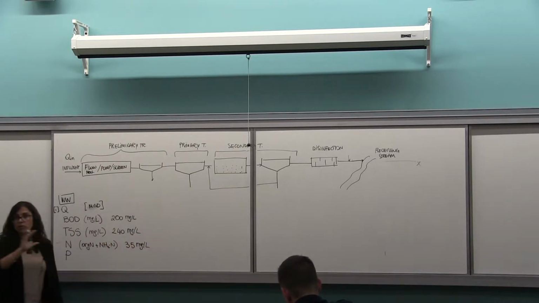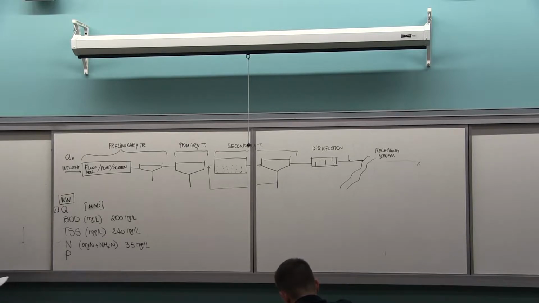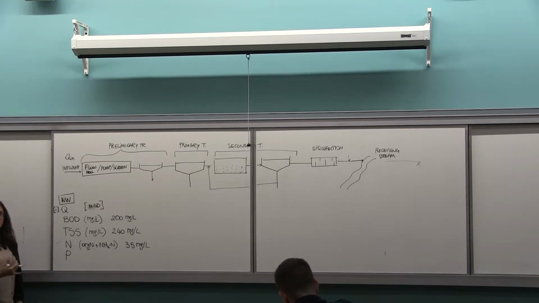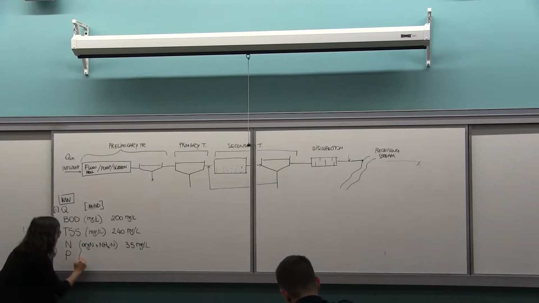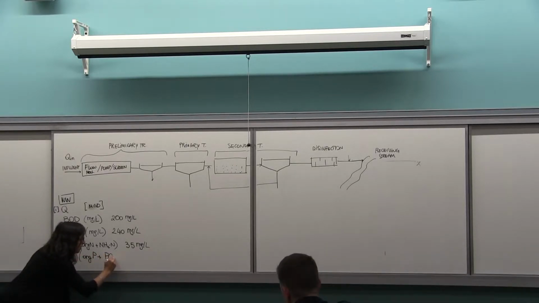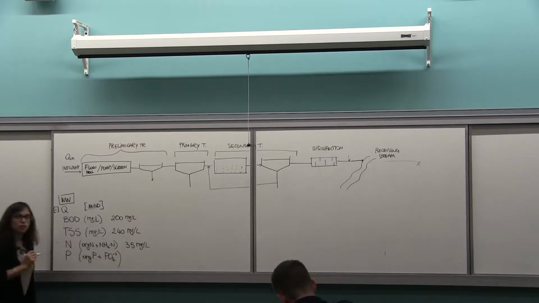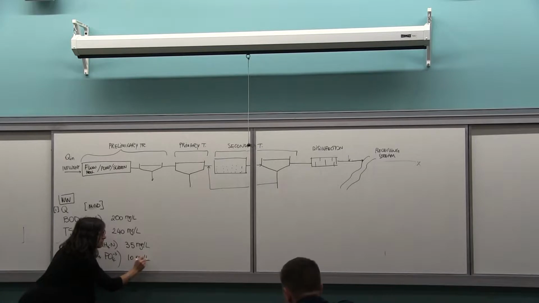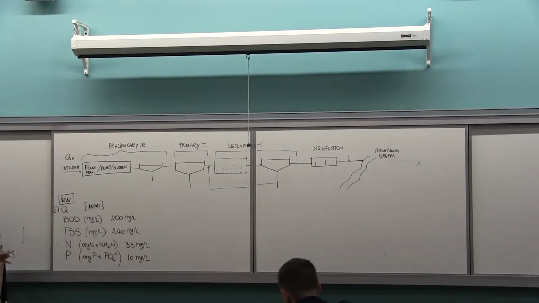These values are, again, only typical values. And phosphorus has organic phosphorus and mainly orthophosphate. So organic P plus PO4, that's orthophosphate, 10 milligram per liter, that's present. So those are your typical contaminants present.